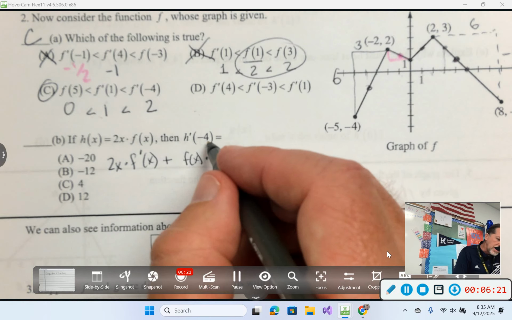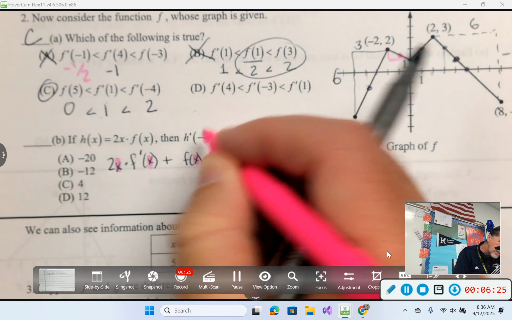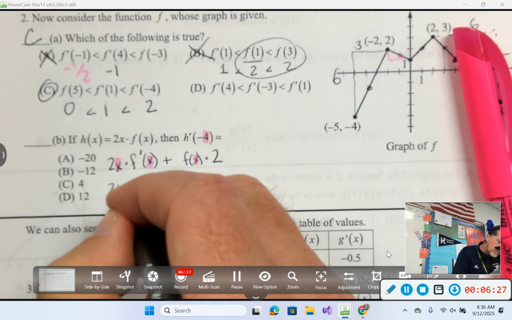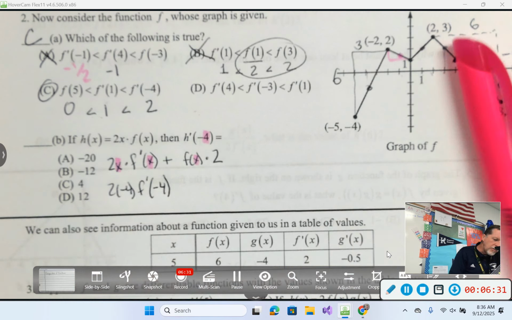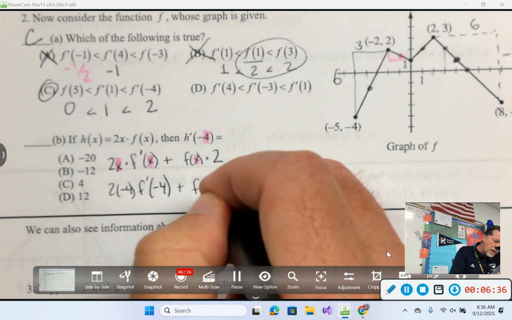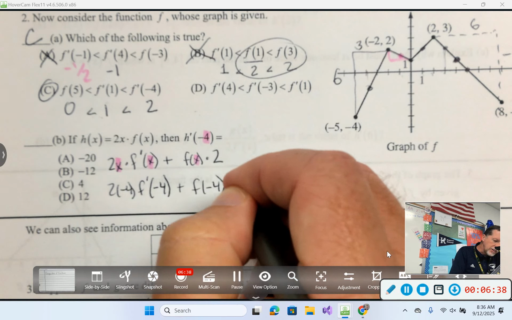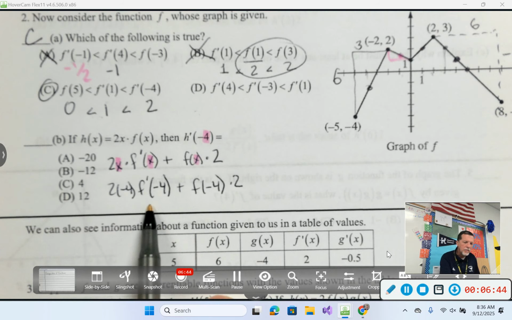And if we plug in negative 4 for all those places that have an x, 2 times negative 4, f prime of negative 4, I don't know what that is, I'll need to use the graph. F of negative 4, again, I'll need to go to the graph. Let's see, f prime of negative 4.